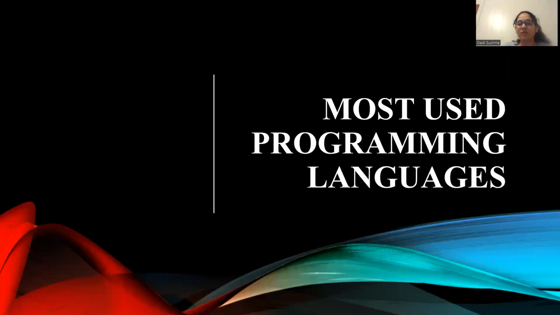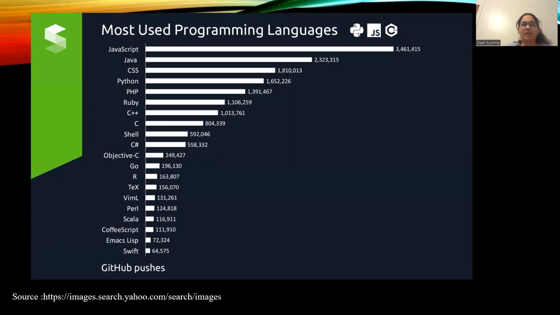Now we are going to see what are the most programming languages used daily. So JavaScript stood in the first position, on the top of the list. Like what are the most used programming languages?